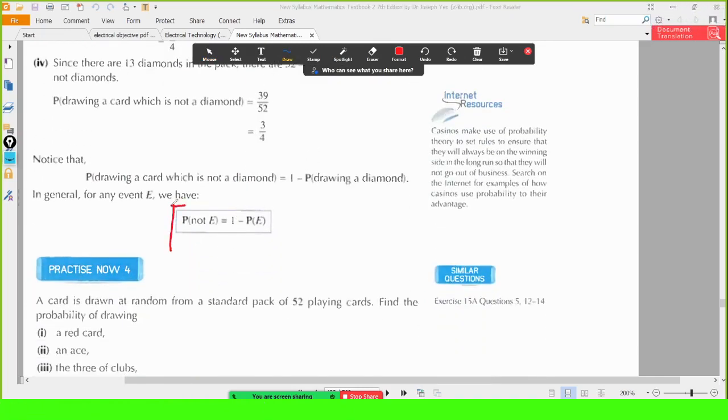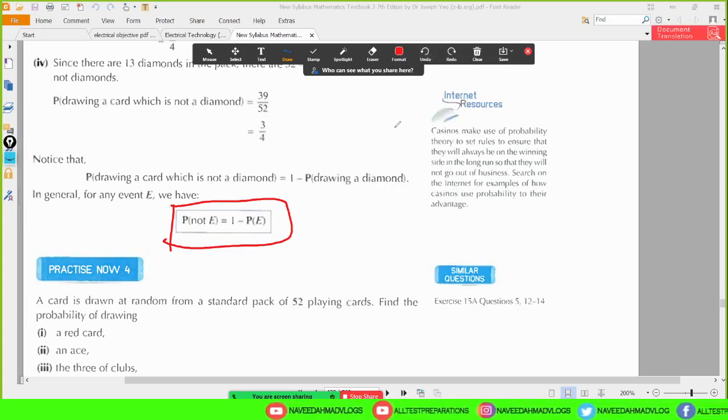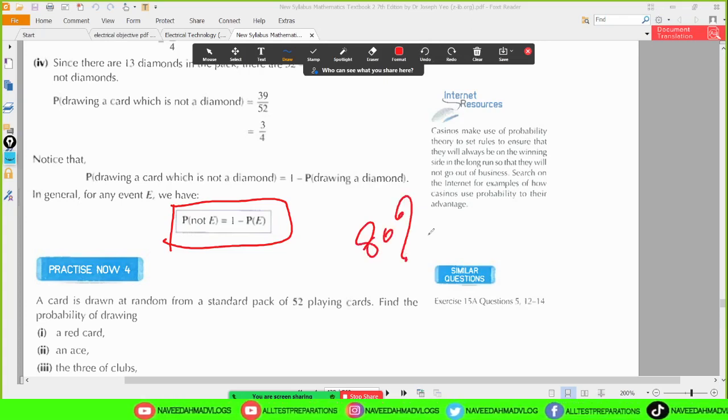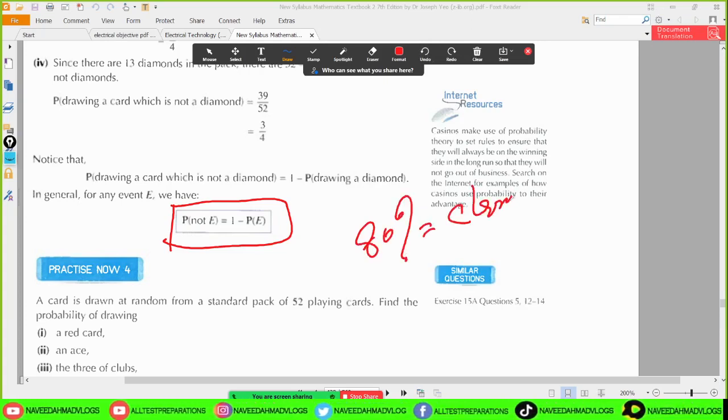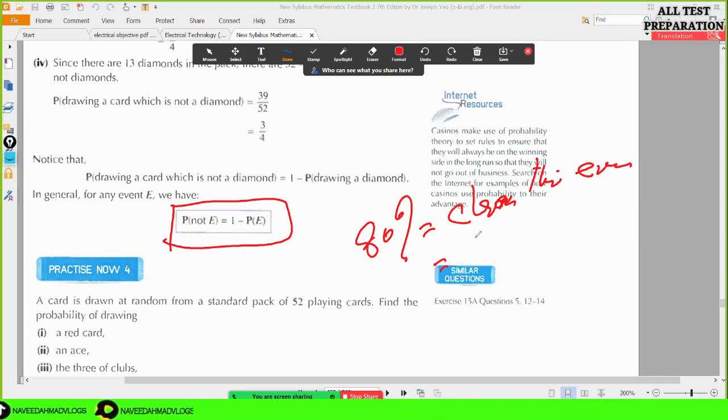This formula is given to you. It is actually nothing but, if I say that you have 80% chances to clear this exam, then how many percent of chances do you have that you will not clear the exam? 20.